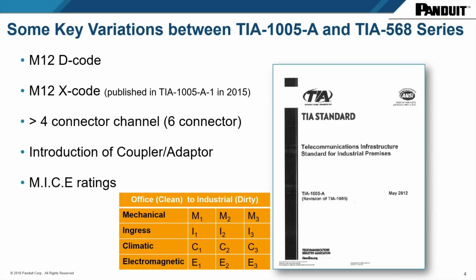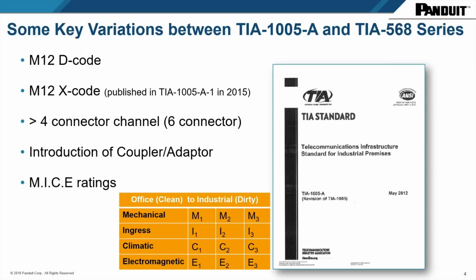Additionally, in the 1005A spec, you will see that there is an increased number of connections per channel that extended the 568 from 4 connectors per channel to 6 connectors per channel. And that's a differentiator also that you need to be made aware of.